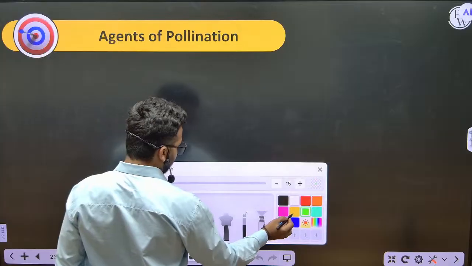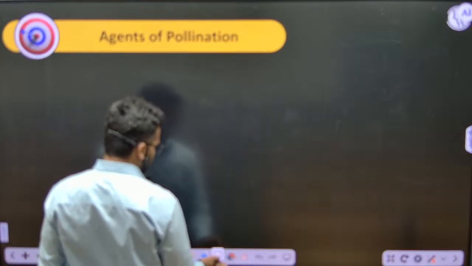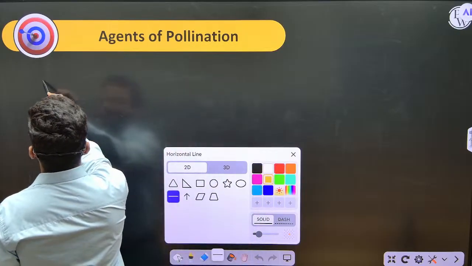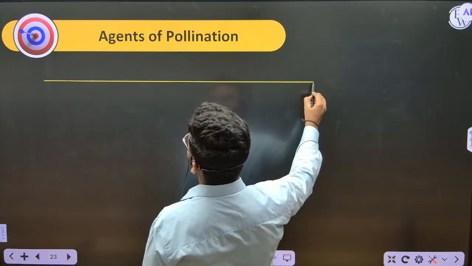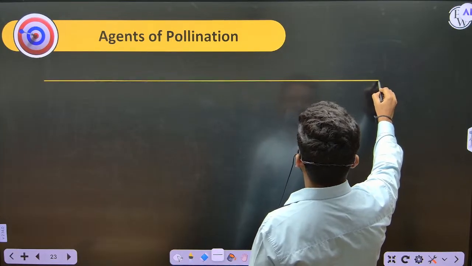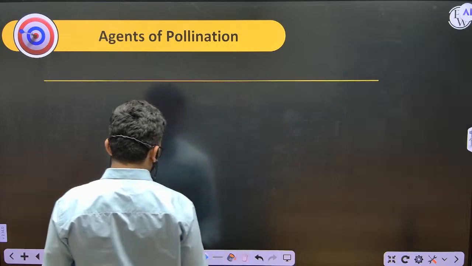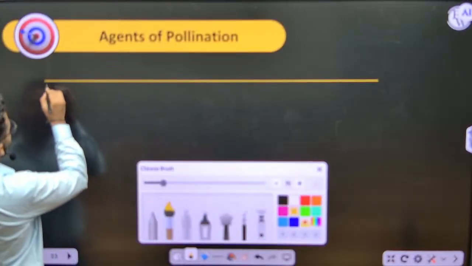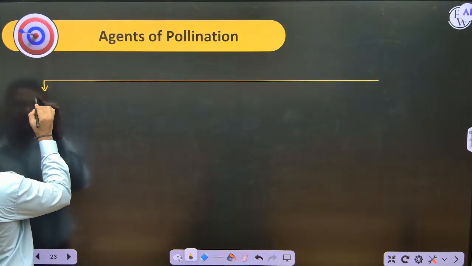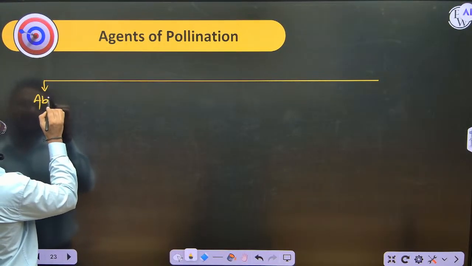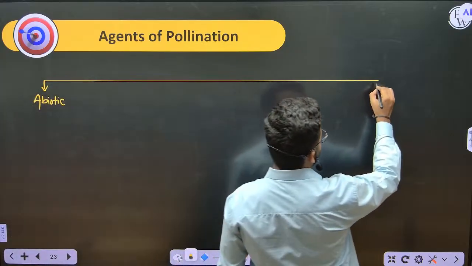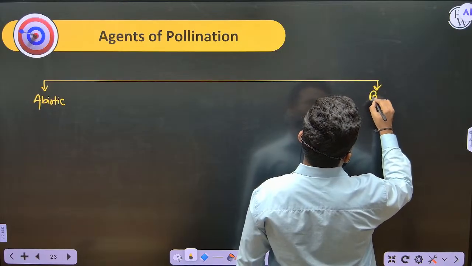The first one is abiotic type and the second one is biotic type.